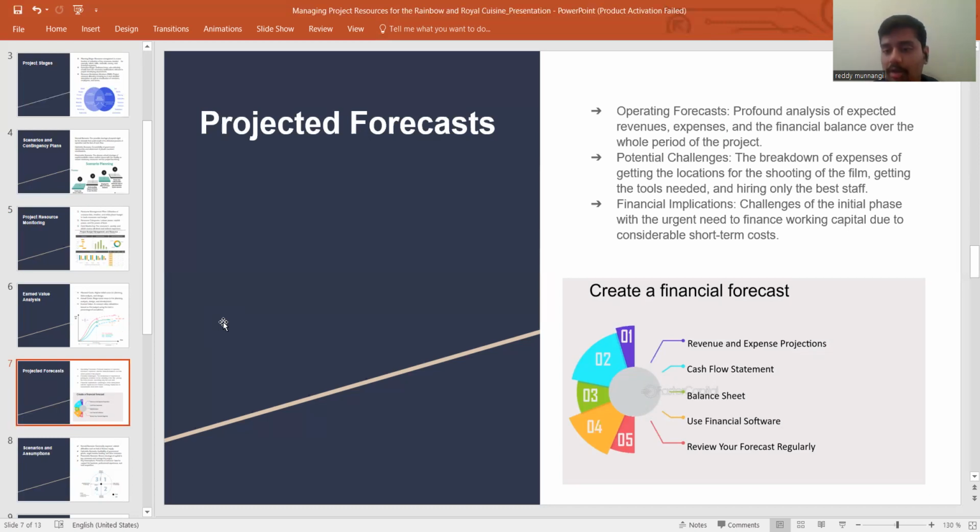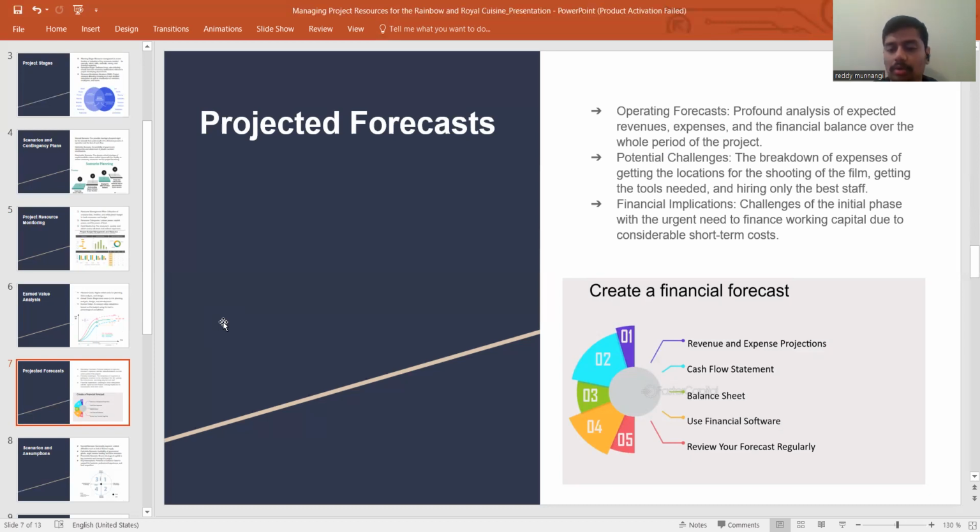That is revenue and expense projections, cash flow statement, and balance sheet, which we can check to see whether the funds are increasing and our resources are increasing or reducing.